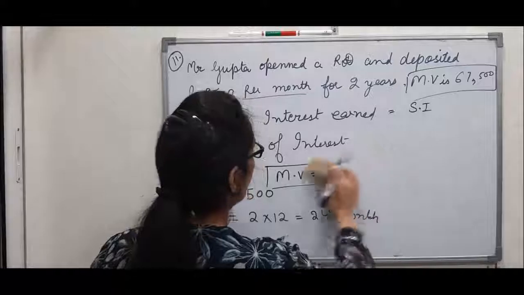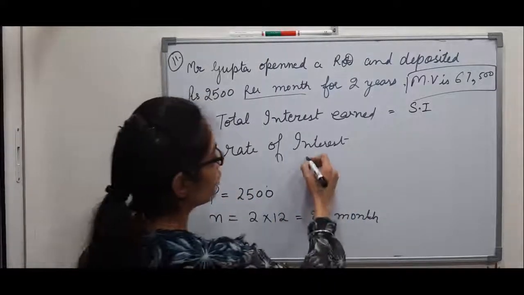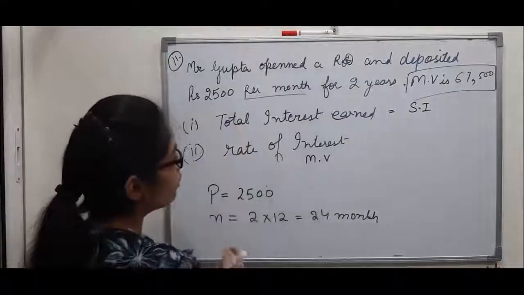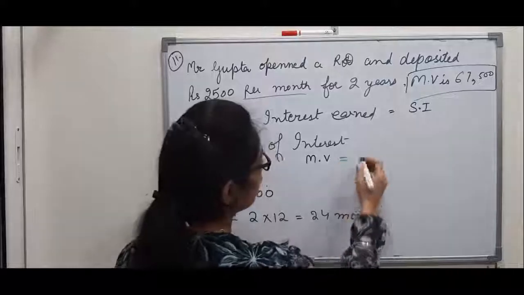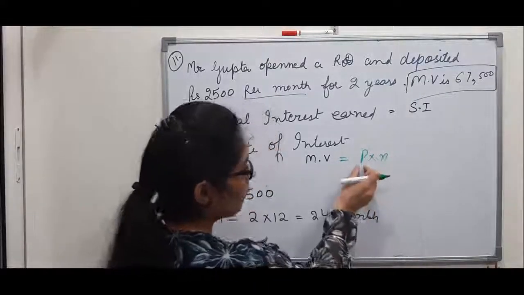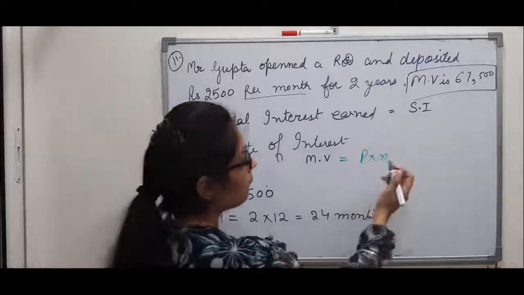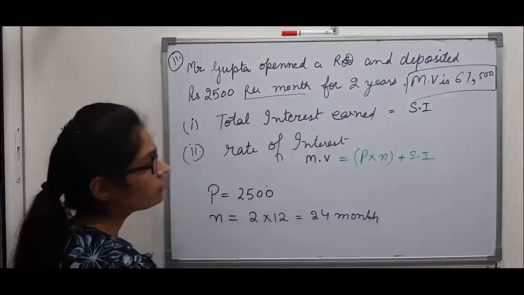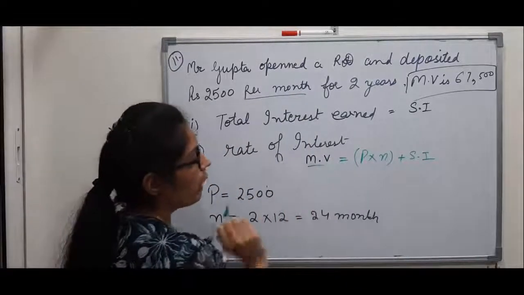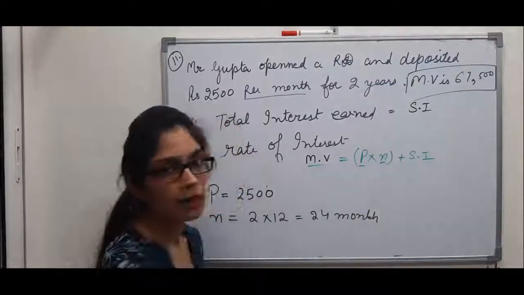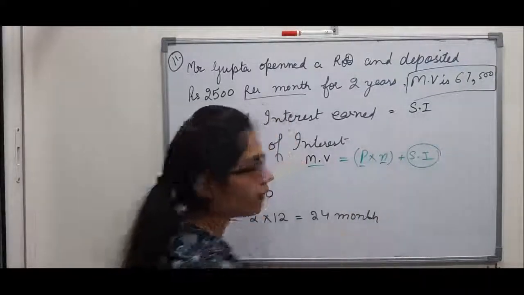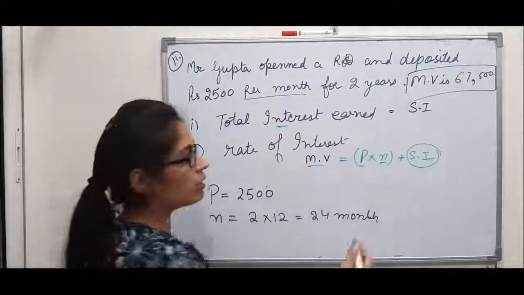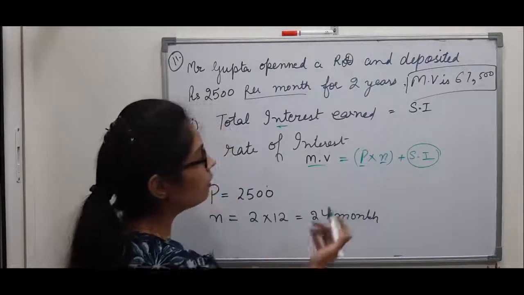I know the formula of maturity value is P into N, amount or installment per month, number of months, plus simple interest. So I can see in this formula I have MV also, I have P also, and I have N also. So can I calculate simple interest or interest? Interest or simple interest, both are same.